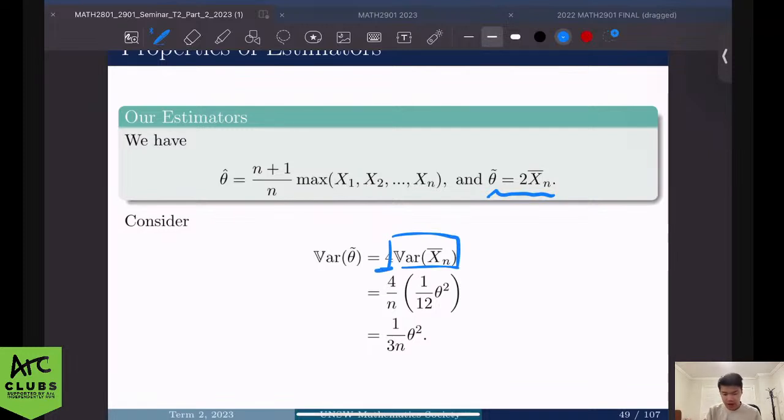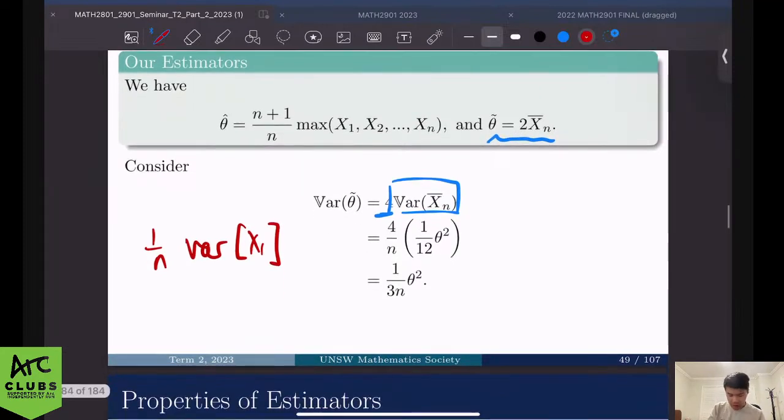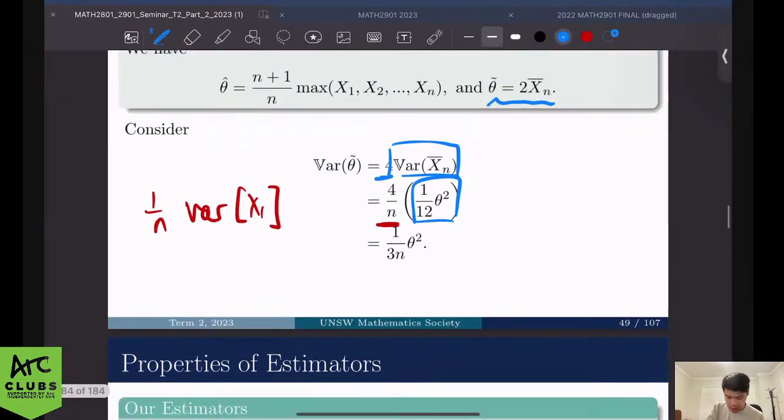And so variance of a mean, hopefully you remember, is equal to 1 on n times the variance of one given variable, which is equal to 4 on n times, again, you can check out the formula sheet, but basically 1/12 times (b minus a) squared. So in this case, it's going to be 1/12 times (theta minus 0) squared. Okay. So that's where this comes from, and you get 1 on 3n times theta squared.